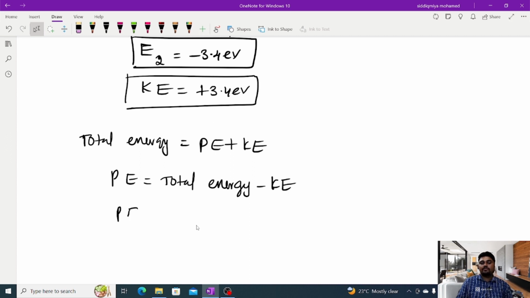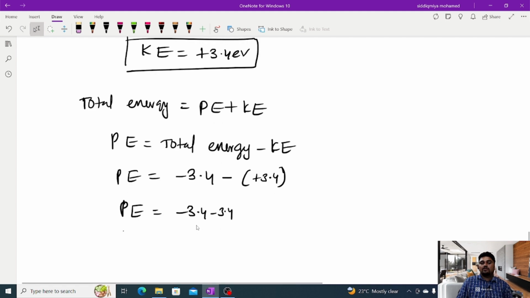So potential energy is equal to total energy minus kinetic energy. The total energy you got is minus 3.4 eV, and the kinetic energy is 3.4 eV. So potential energy is minus 3.4 minus 3.4, which is minus 6.8 eV.